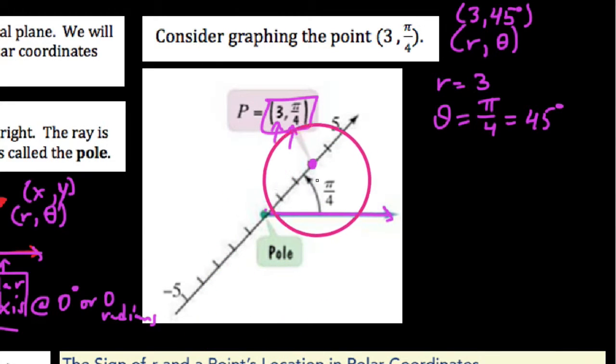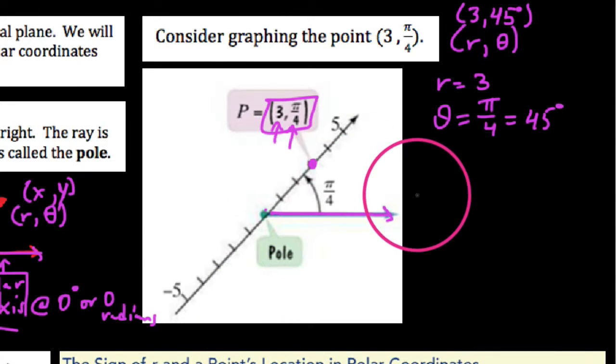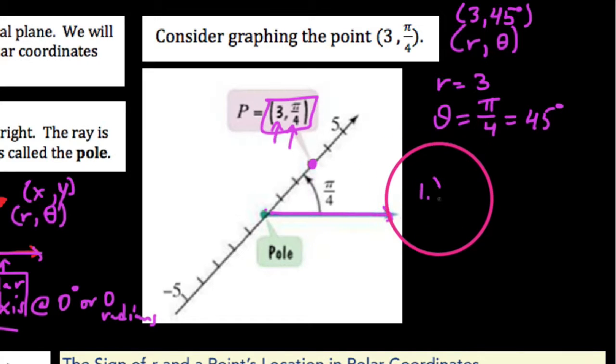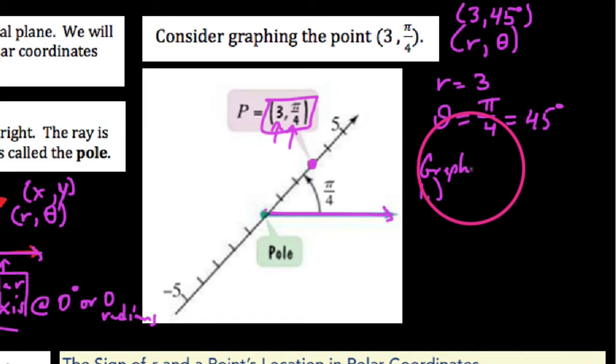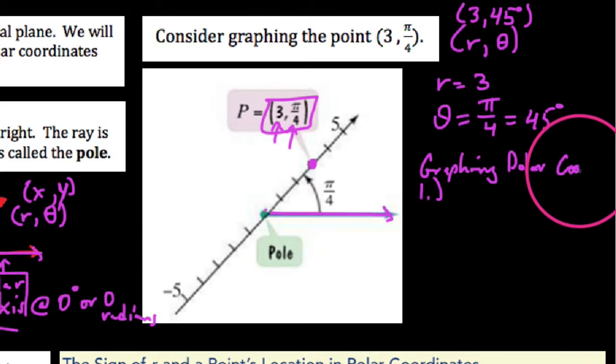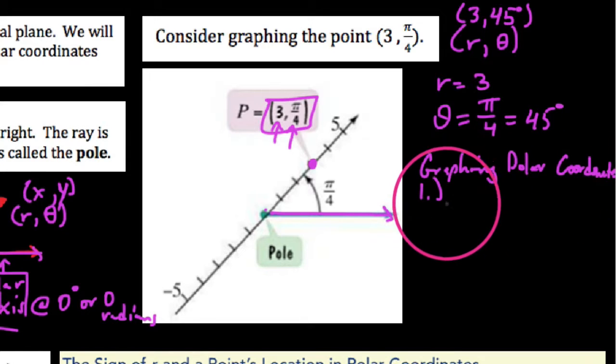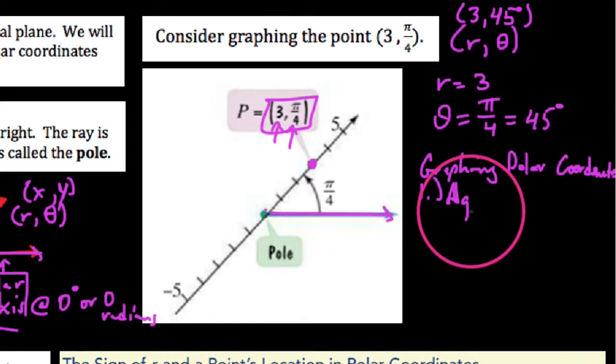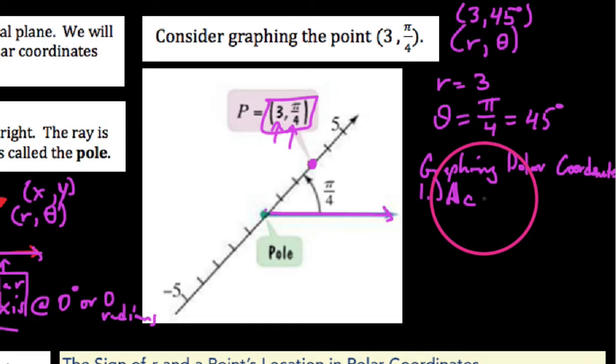And so when we read this here and when we graph these things, the first thing we always do, graphing polar coordinates: the first thing we want to do is acquire the angle.